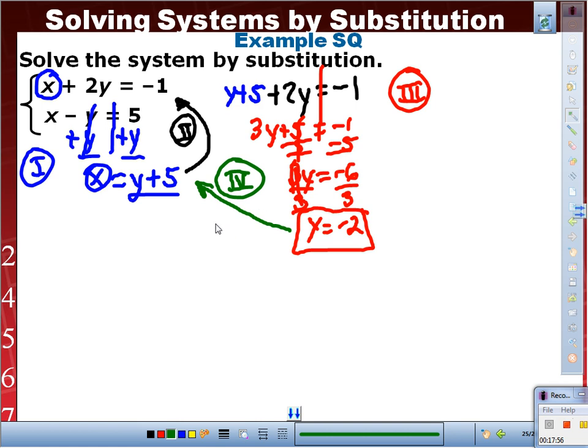All right, tell me what to do for step number 4. Haley, pass someone. So the y, substitute -2, bring down everything, x equals, and then plus 5. Therefore, x equals 3. Hands if you got that. All right? Step 5.